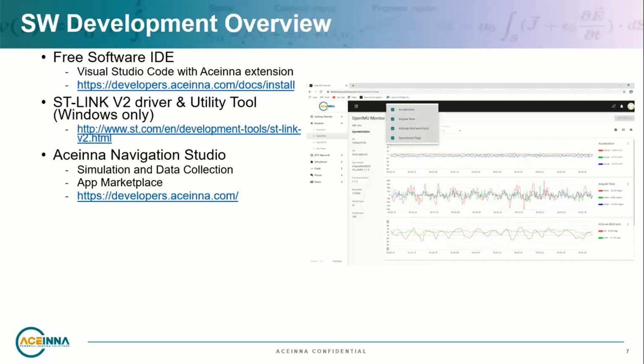And we have the ACEINNA Navigation Studio, which is a web GUI tool used to collect the data, see the data in real time and run any simulations. This also has the app marketplace where you can download different applications for your unit and upgrade it onto your unit as well.